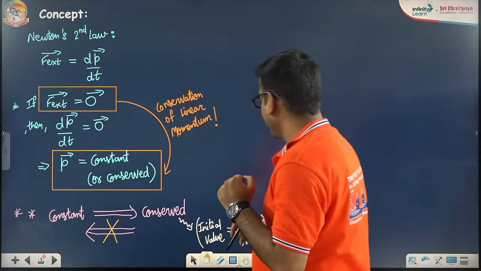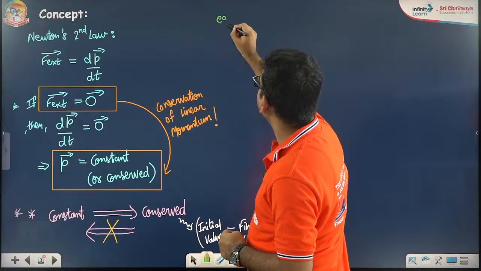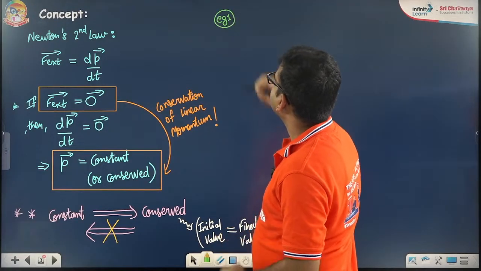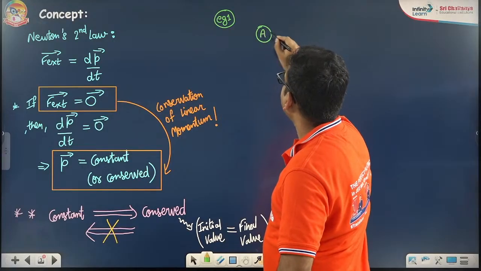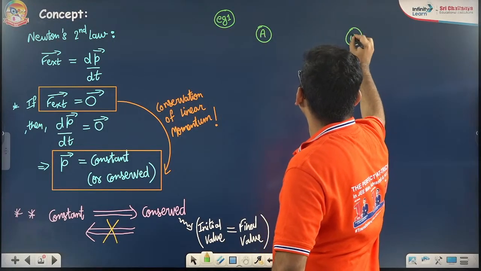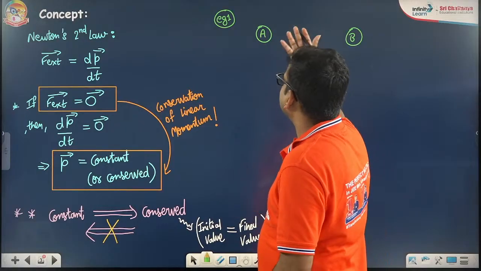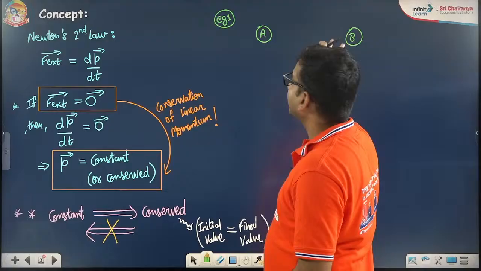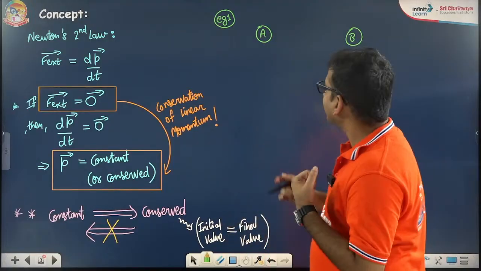Now, one basic example I will take here. Suppose there is a system with a body A and a body B. They are interacting with each other within a system. Suppose there are two masses, MA and MB, attracted towards each other, or there may be two charges attracting or repelling each other.